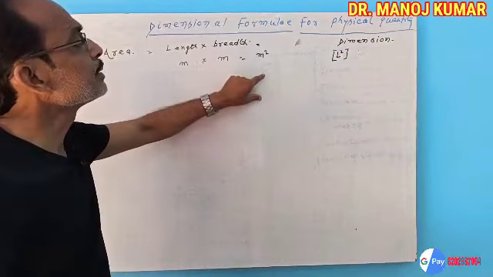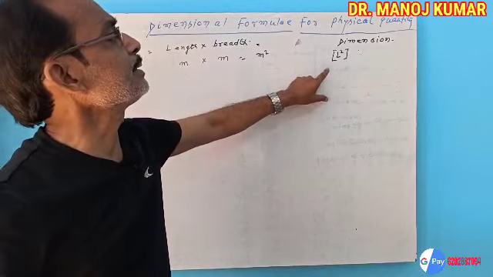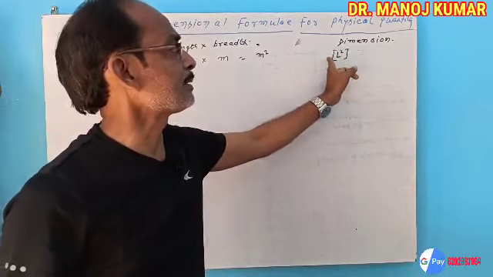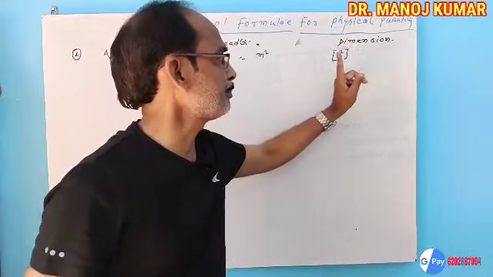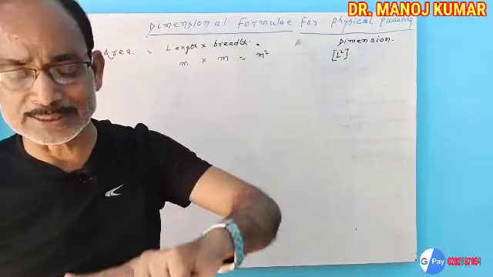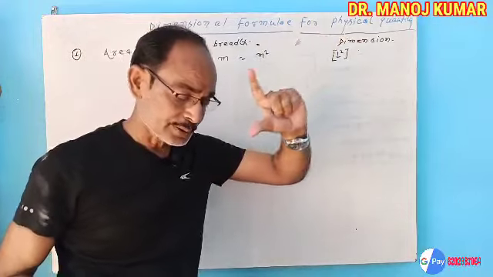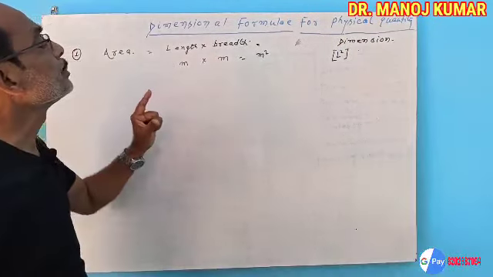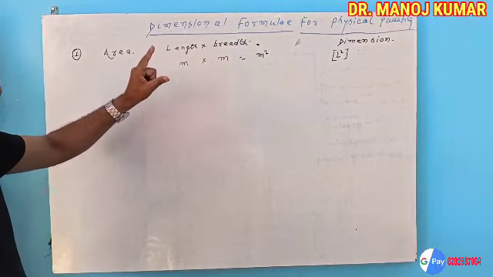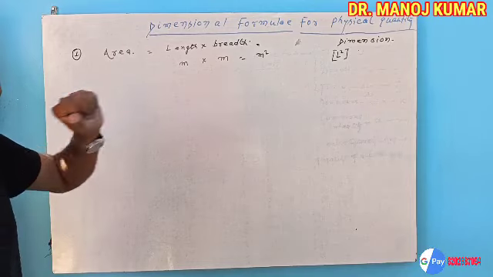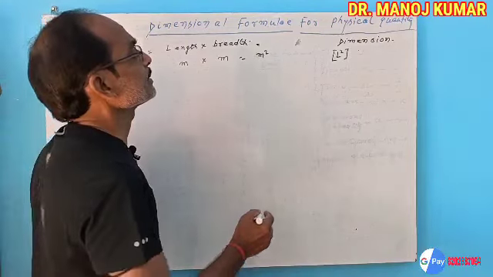But the first three, mass represented by M, length represented by L, time represented by T, are the basic fundamental units of a physical quantity.